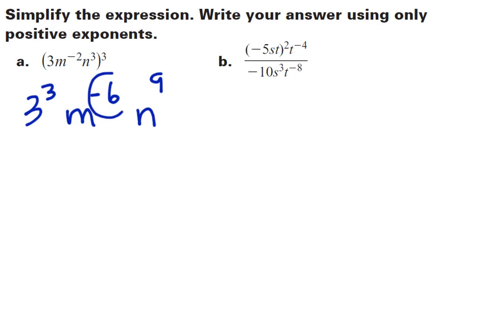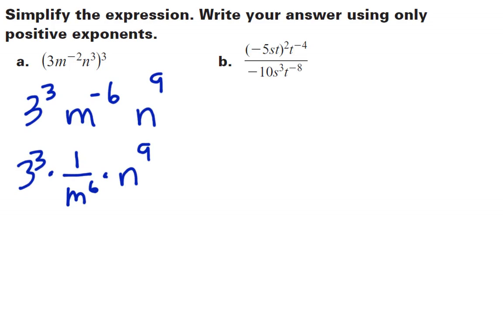Okay, I've got a negative exponent here, which I need to deal with using the rules I've just learned. So I'll write my answer using positive exponents. So let's leave that as 3 to the 3rd. But this m to the negative 6, I'm going to remember that that's going to become, so times 1 over m to the 6th. And then I've got an n to the ninth here still, so times n to the ninth.